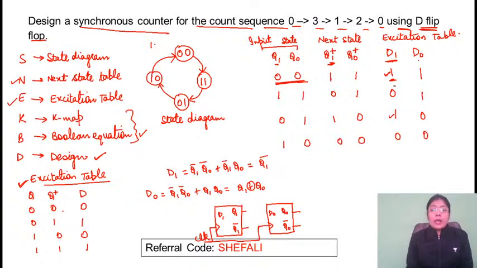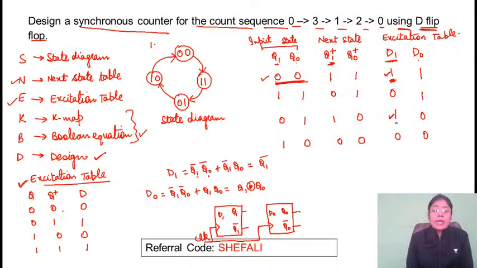So for D1, we are getting 1 at 2 places, 1 here. This term comes out to be Q1 complement, Q0 complement. Where is the second one coming?